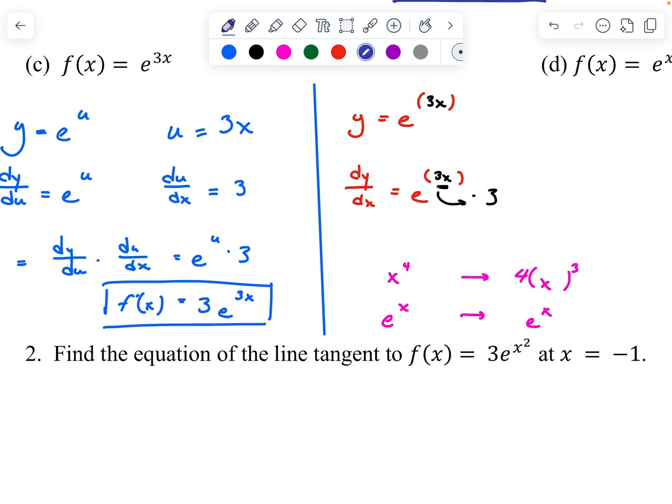Well, if I replace the x in that first function with x squared plus 1, then this is x squared plus 1 here times 2x. And if I go e to the x and I replace the x with x squared plus 1, then the derivative of that is e to the x squared plus 1 times 2x. It's the chain rule in both cases. It looks different because we write polynomials and exponential functions differently, but it's the same rule.